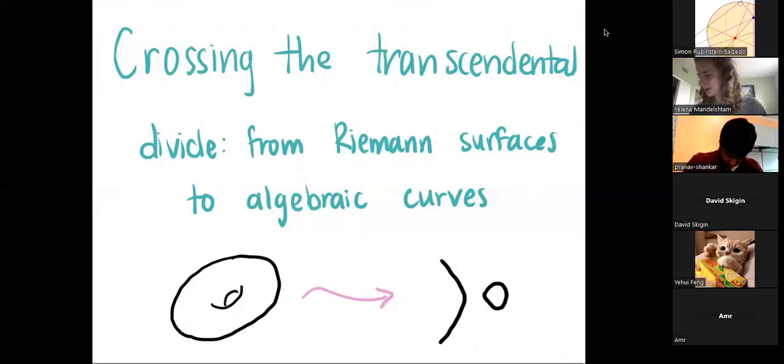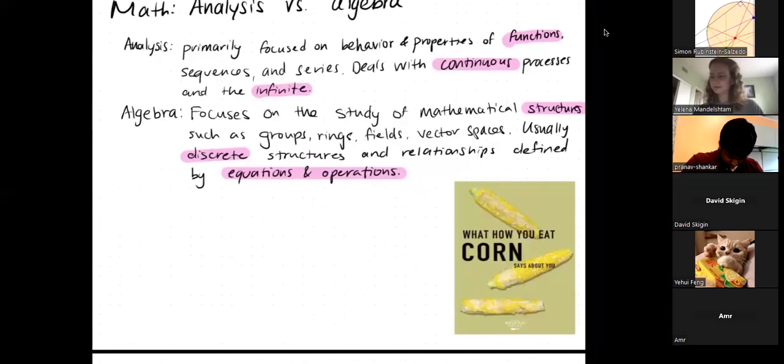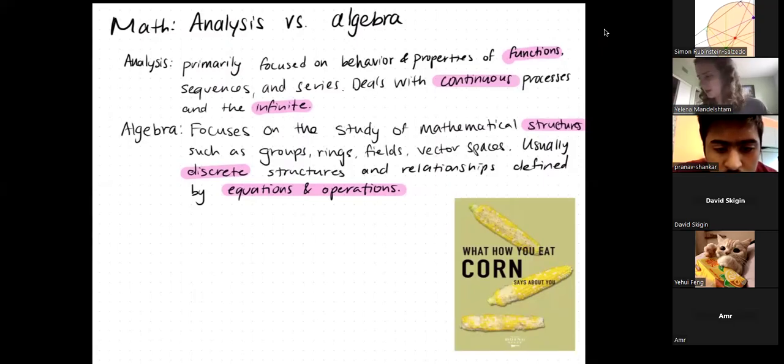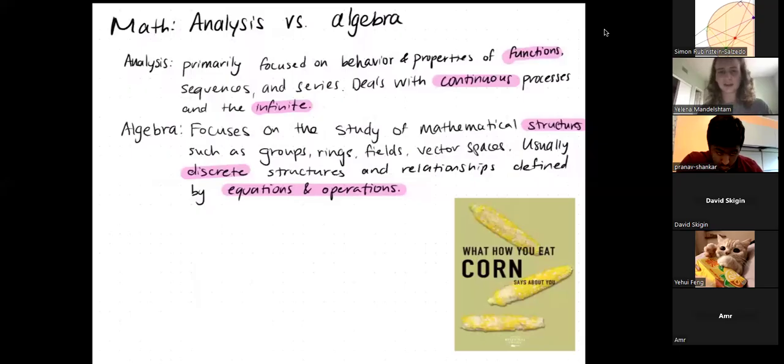Okay, so we'll start with some opening words. A lot of people believe that math can be divided broadly into two categories: analysis and algebra. Analysis primarily deals with continuous things, infinity, and has techniques that are different from algebra, which focuses more on the study of mathematical structures.